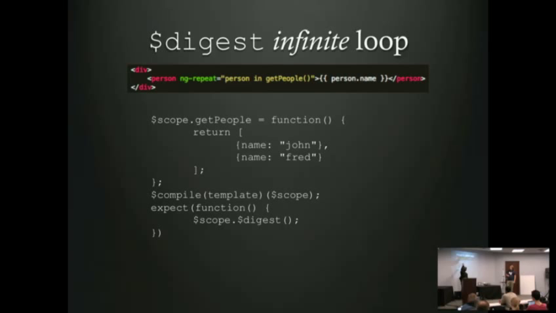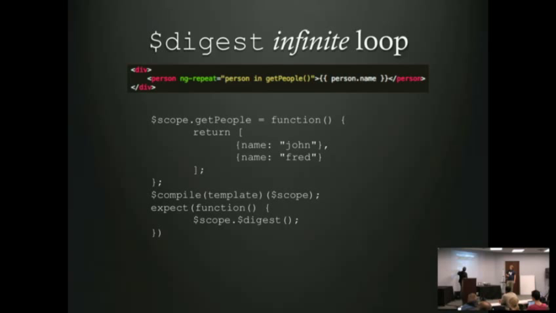So I'm going to iterate over everything that getPeople returns, and print out these person objects, whatever you want to call them. So the getPeople function is returning a list of people named John, named Fred. Compile that template with that scope.